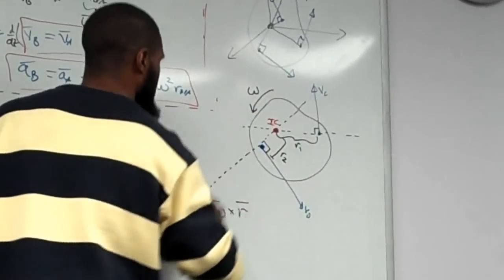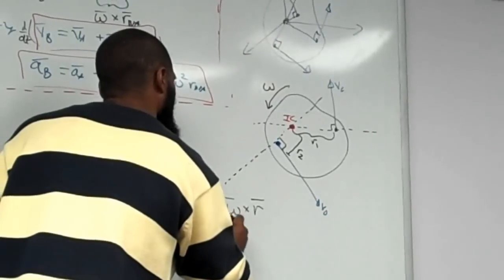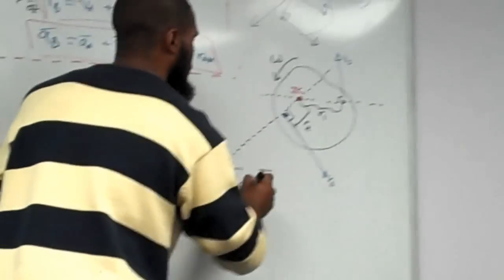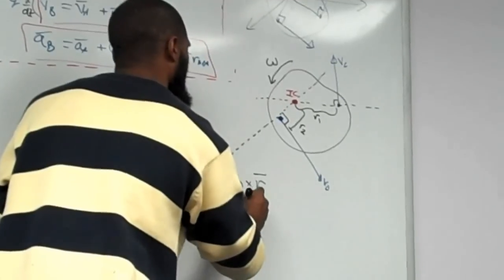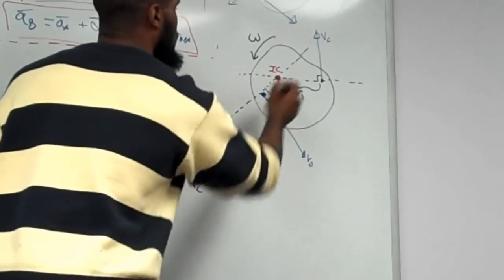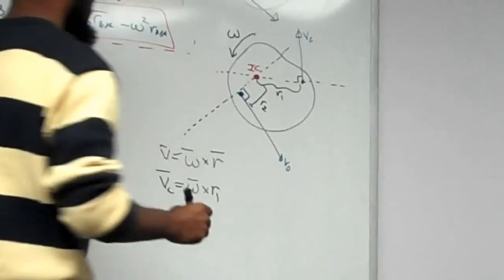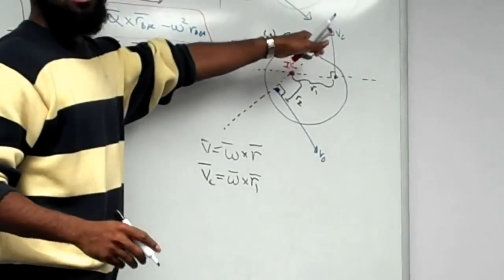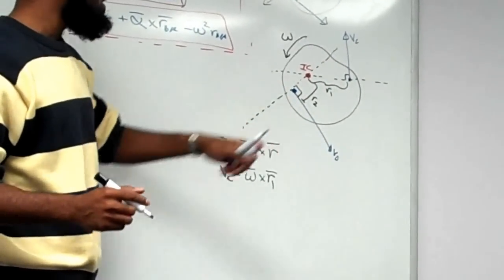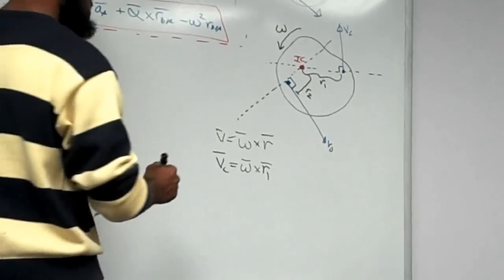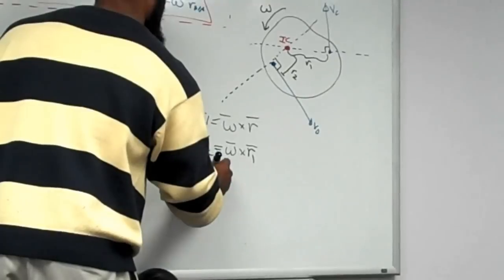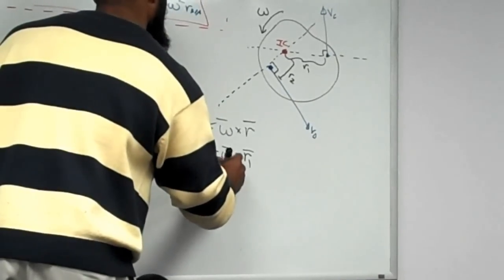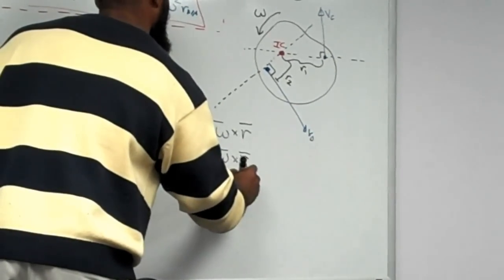So to find VC, I simply go, oh, okay, I know omega, and that's going to be cross r1, and bam. I now know the velocity at C. And so Steve, what would the velocity at D be then? If you follow the same method, V sub D equals omega cross r2.